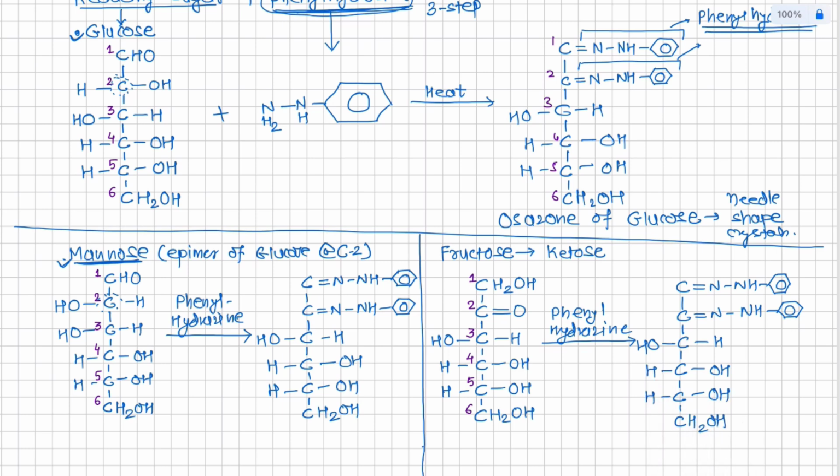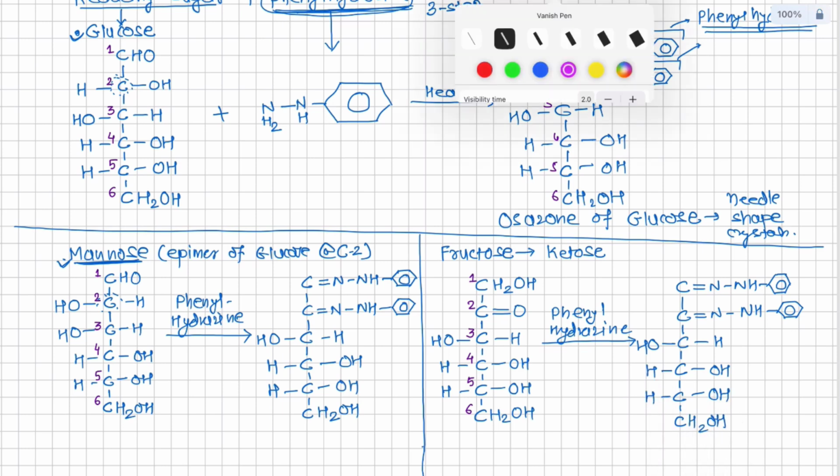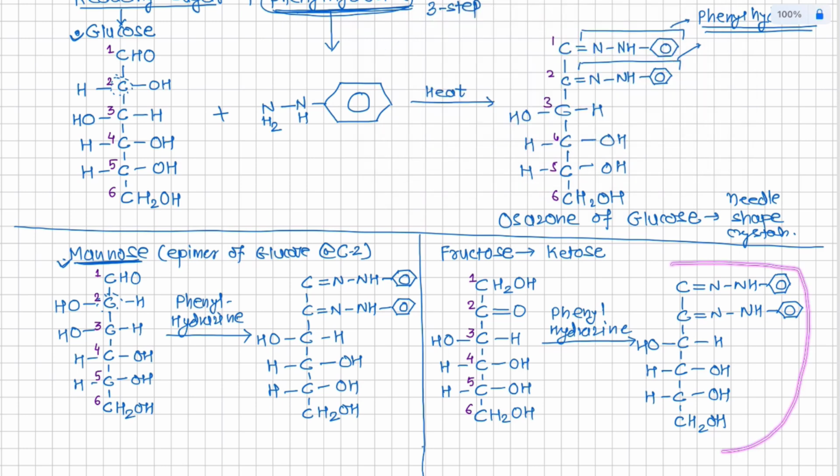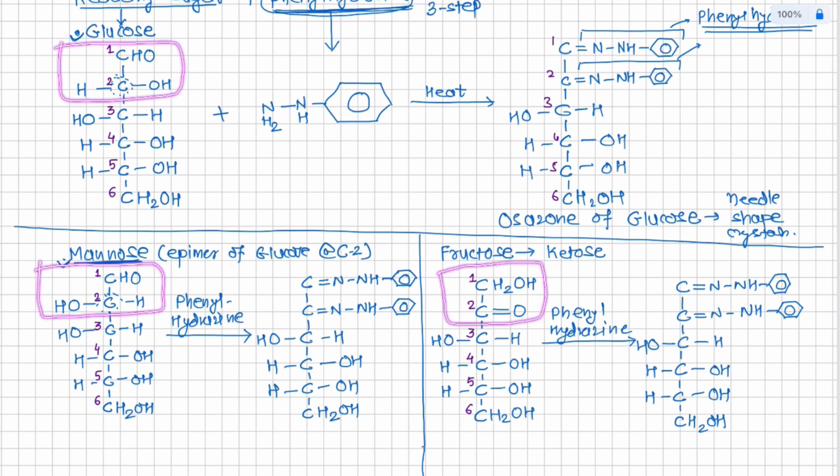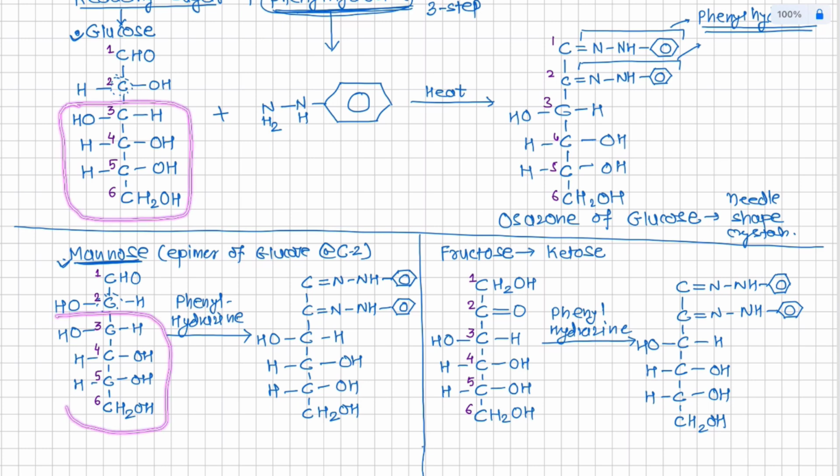So its osazone structure looks like this. So the final product here also looks the same as glucose osazone. So the same structure gives the same crystals of osazone. The reaction essentially masks all the differences at carbon 1 and carbon 2, leaving only the carbon 3 to carbon 6 configuration to determine the final product.